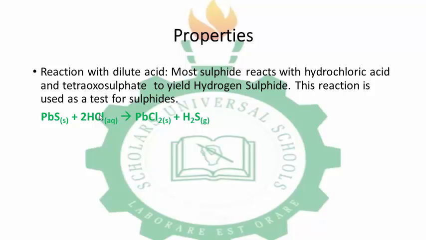If hydrogen sulfide is formed, and the gas produced has the smell of a rotten egg, then you can suspect that the gas is hydrogen sulfide, and that the metallic salt you have is a sulfide.